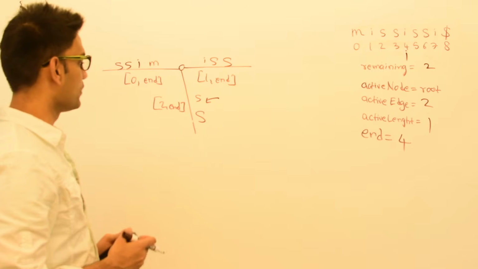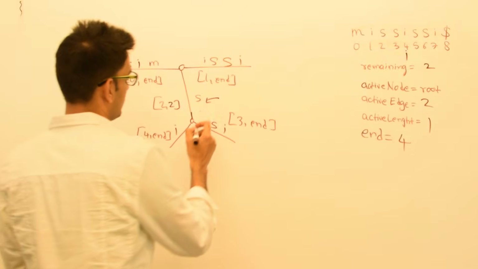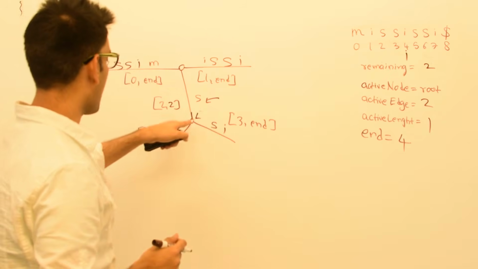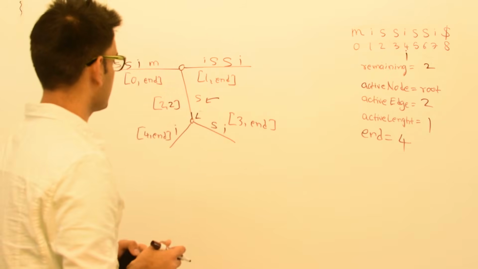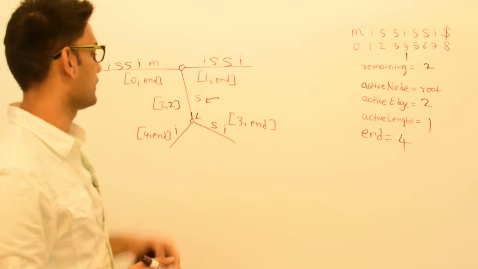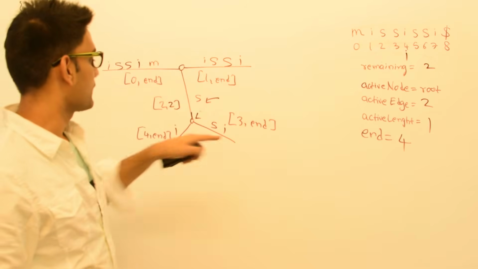Let me create this new internal node very quickly. So here I created a new internal node, say L, and it has path I and it has path SI. Also I forgot to add I at the end of every path because we increased end by 1, so I just added that as well.